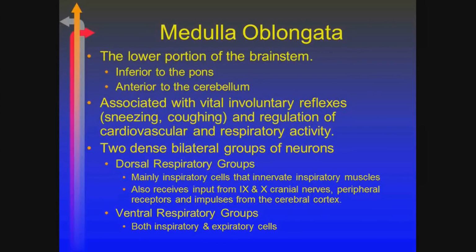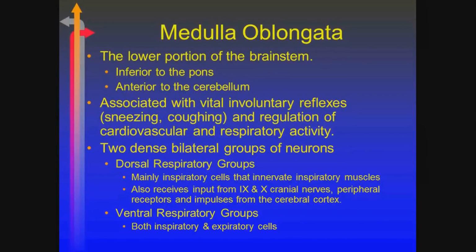There are two groups of neurons, and for the most part, I just want you to know the names, because a lot of this we're still figuring out as we go along, how they function. But there's a dorsal respiratory group and a ventral respiratory group. And the dorsal is primarily inspiratory cells that begin the innervation of the inspiratory muscles.